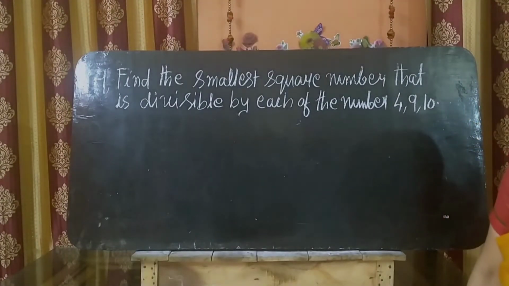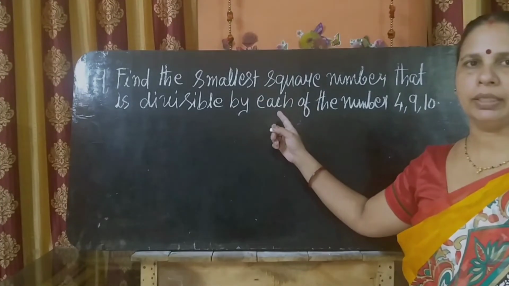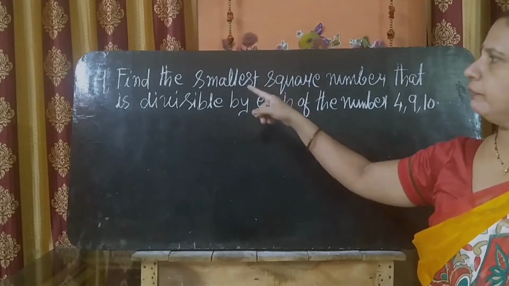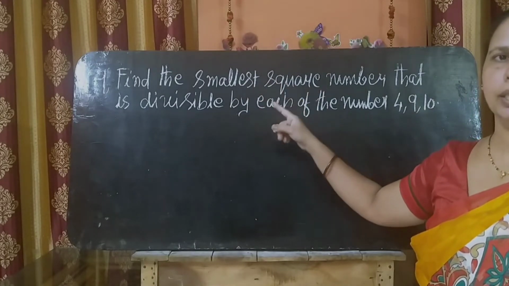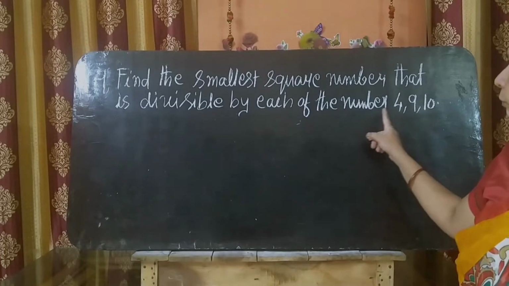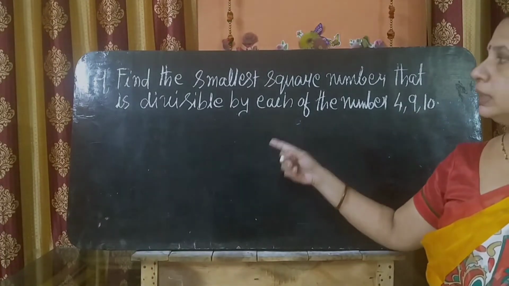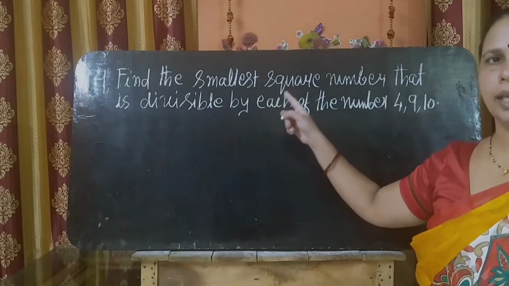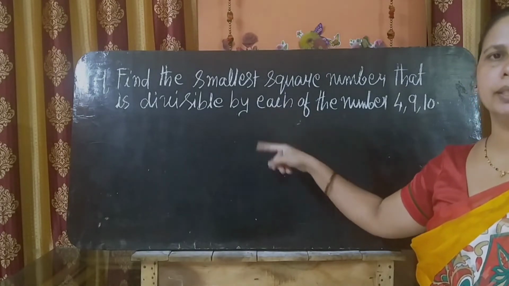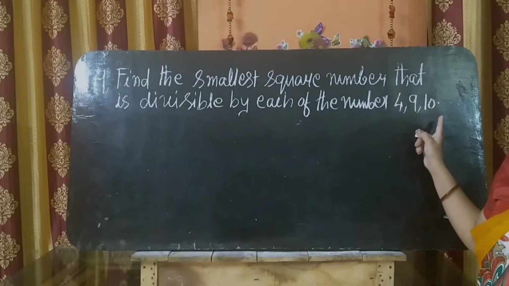Which type of number? Find the smallest square number. That number is completely divisible by 4, 9 and 10. That square number is completely divisible by which are the numbers? 4, 9 and 10.